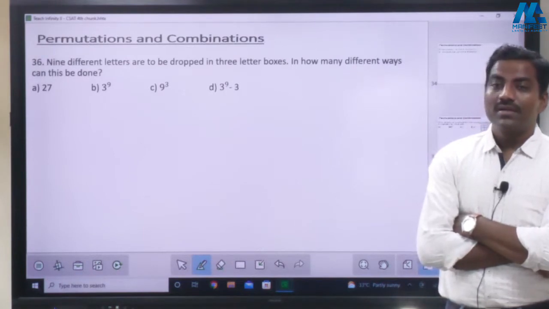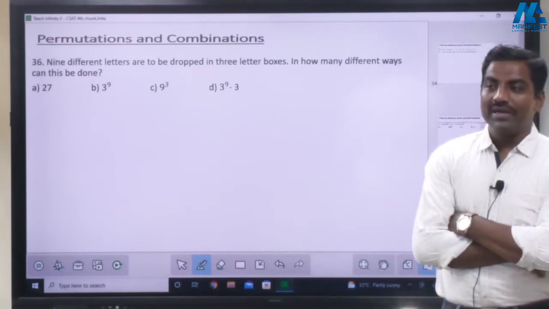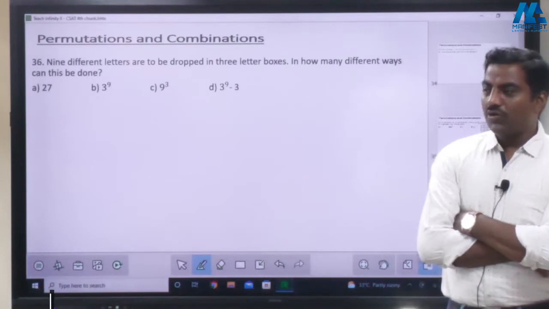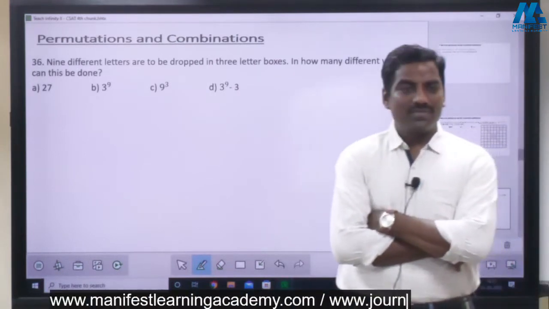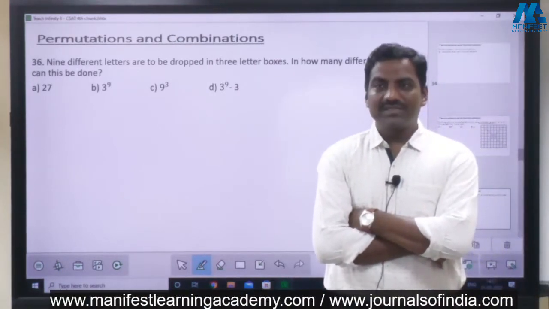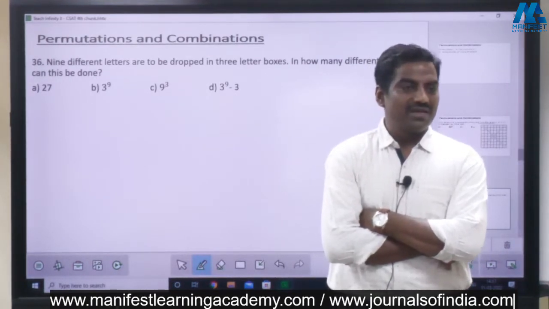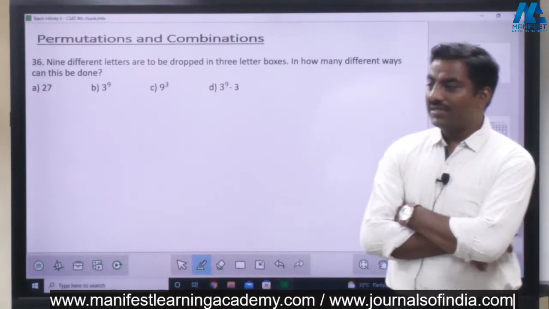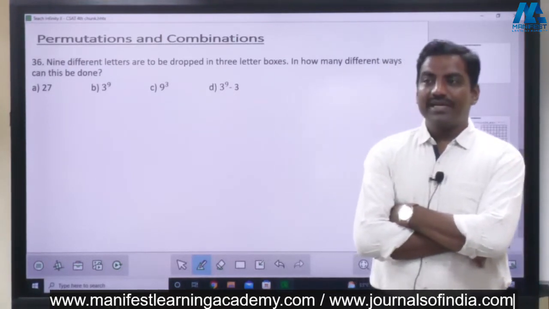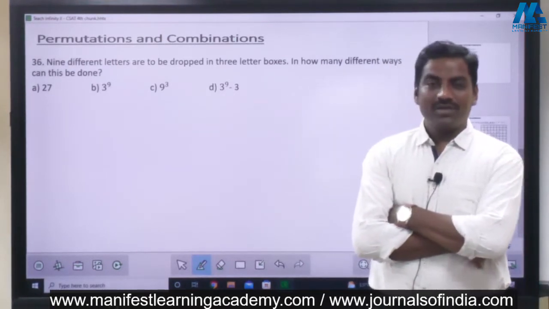See, number lock will be having 0 to 9, 0 to 9, 0 to 9. So first digit can be tried in 10 ways. Second digit can be tried in 10. And third digit, 10 ways. 10 into 10 into 10. 10 to the power of 3.